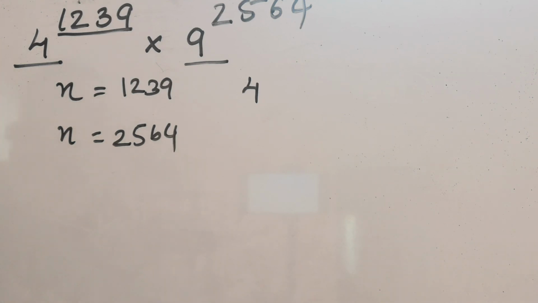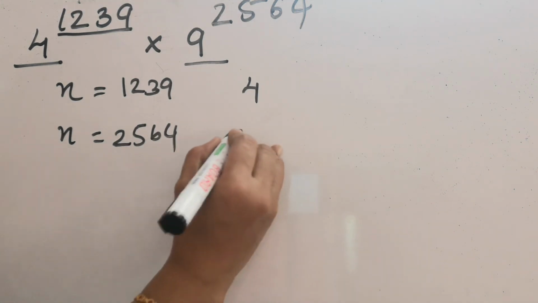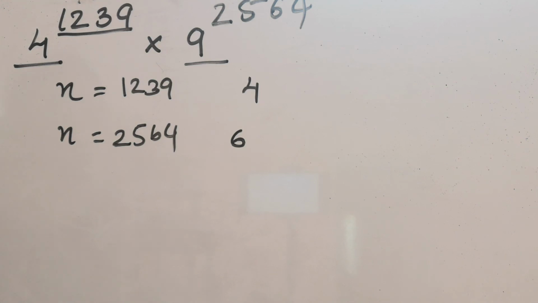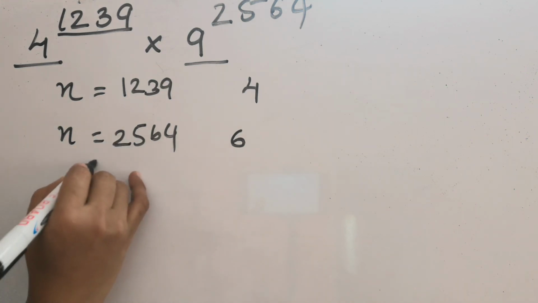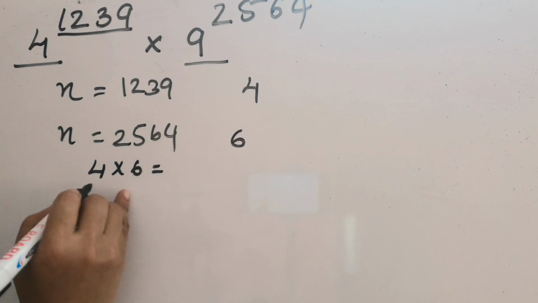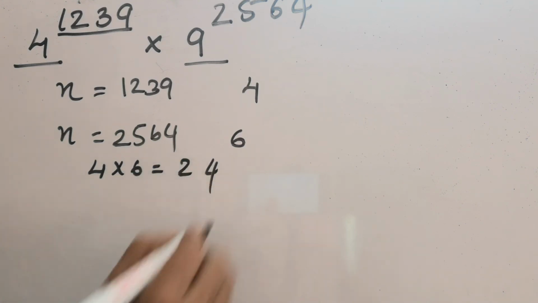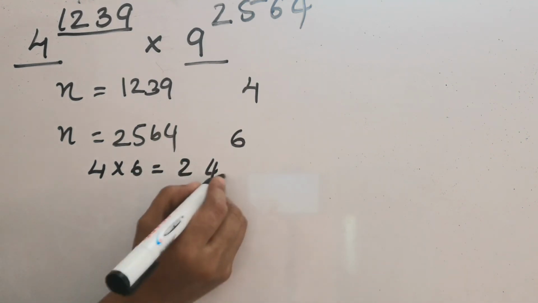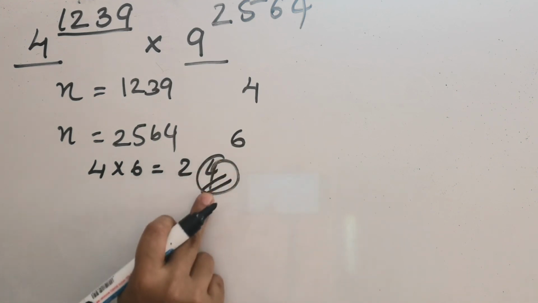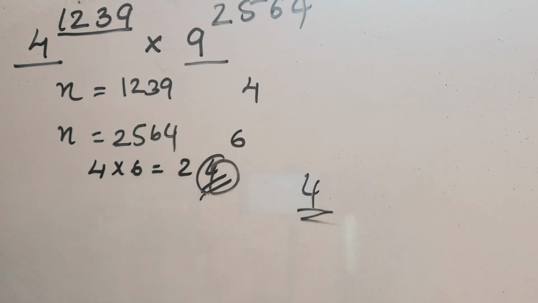So if it is an even number, the unit digit is equal to 6. Clear? Unit digit is equal to 6. So 4 multiplied with 6 is equal to 24. Then the last digit is 4. This 4 is our answer. Clear? In this way we have to solve all the problems using this method.